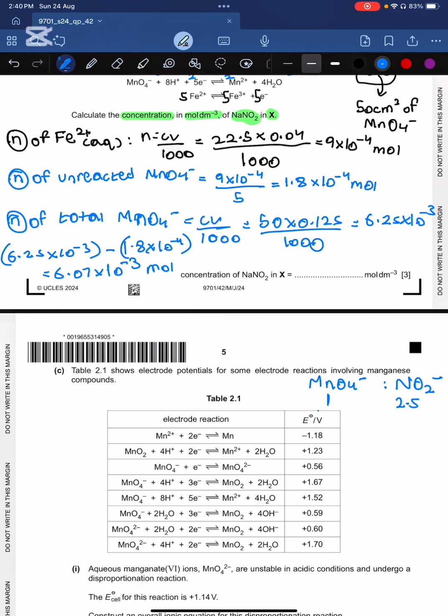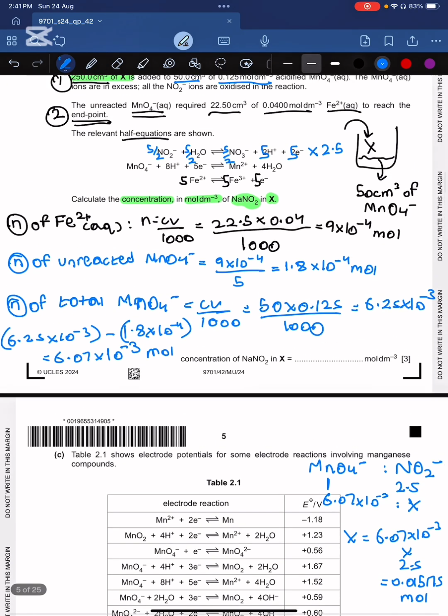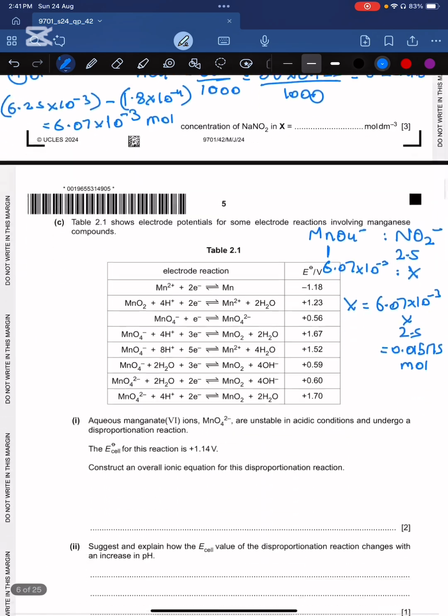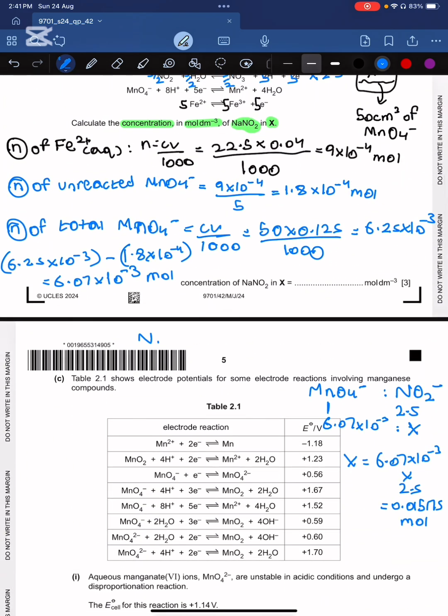I know the moles of MnO4 minus which had reacted, 6.07 times 10 to the power minus 3. So X would be 6.07 times 10 to the power minus 3 multiplied by 2.5, which would become 0.015175 mole. Is this the answer? No. This is a long question. Now, what do I have to do? I know the moles of nitrite ions, correct?